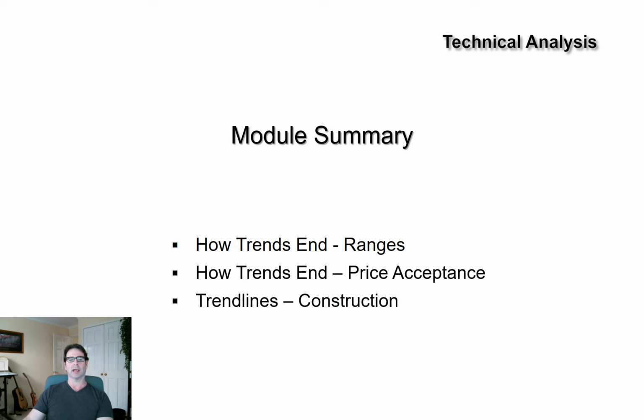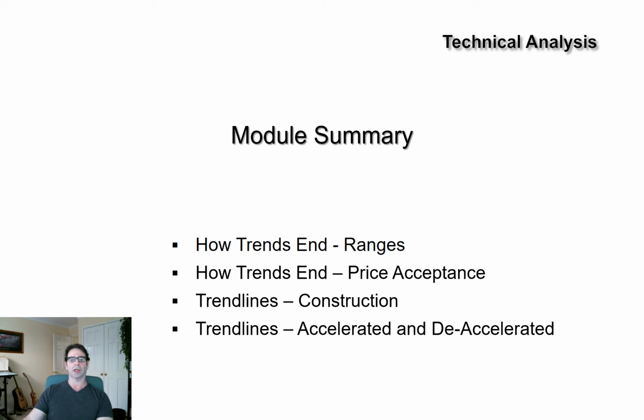We also looked at construction of trend lines, so the basic trend line. We looked at valid trend lines, valid tentative trend lines, and valid trend lines. We also looked at accelerated and deaccelerated trend lines, and we looked at not only graphical examples, but we also looked at chart examples of these trend lines in action.